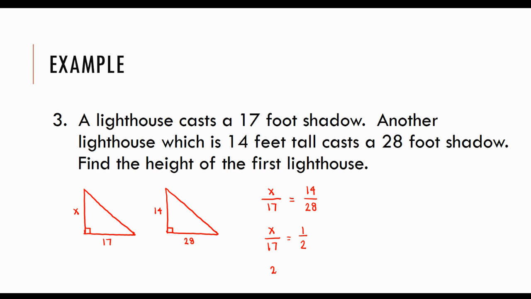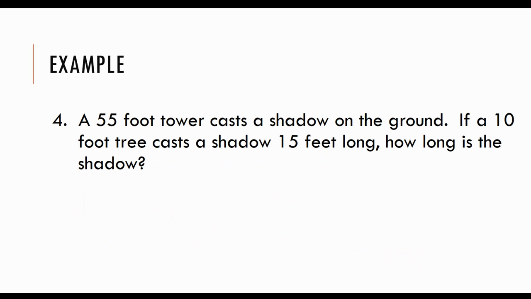And now I can cross multiply. So we'll have 2 times x to equal 17. I'll divide both sides by 2. Looks like we've got a pretty short lighthouse because it's only 8.5 feet tall. But there's my answer.